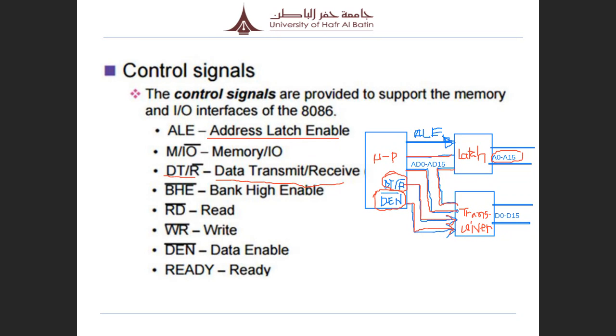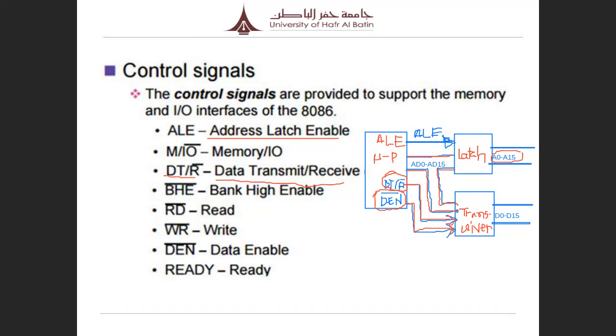So that means this is the way things work. Here we discuss three control signals. One is ALE. What is the function of ALE? At the beginning of any operation, the microprocessor puts the address information on the multiplexed address and data bus.